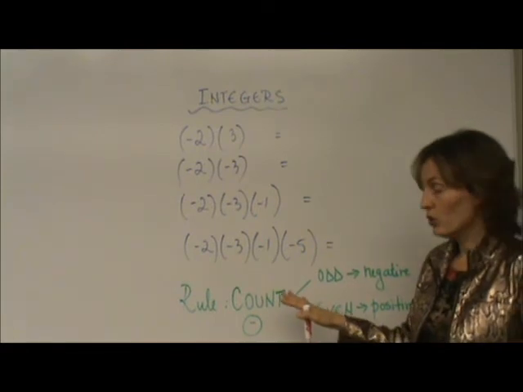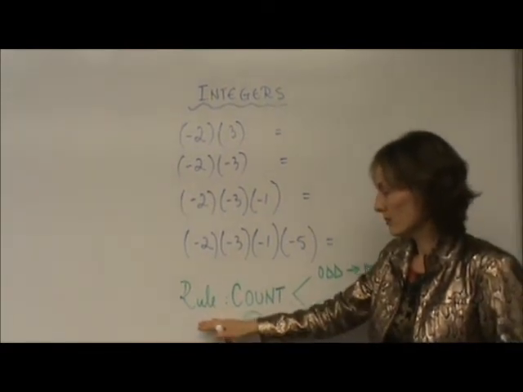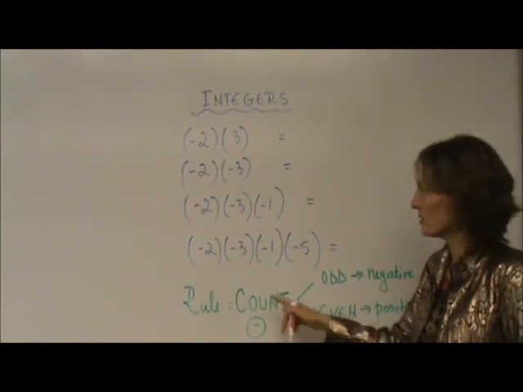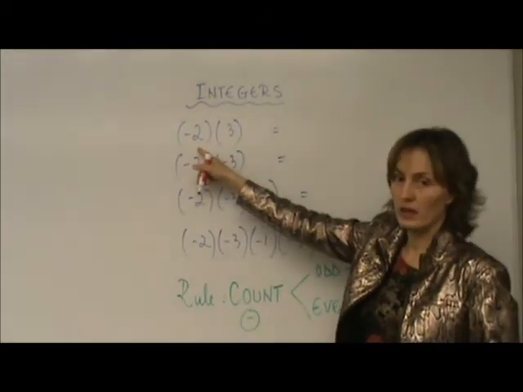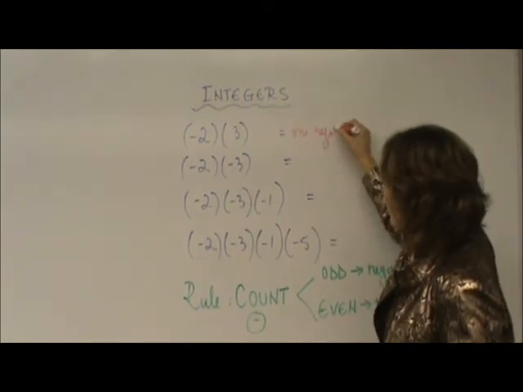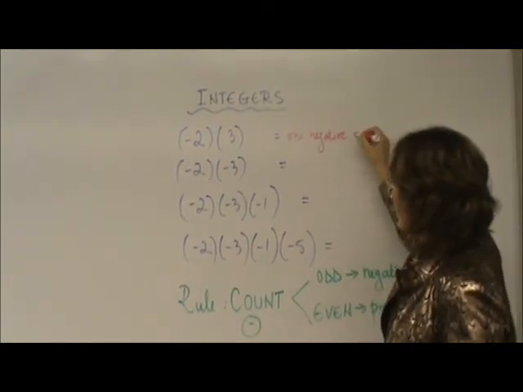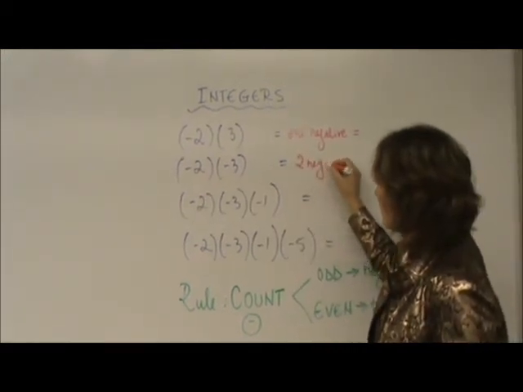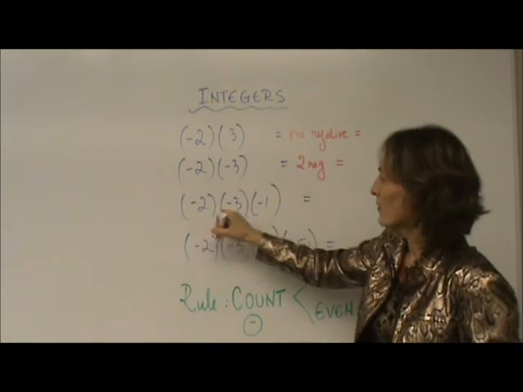We are going to use a rule that consists in counting the number of negatives you have. For instance, in this problem, I have how many negatives? Just one. Here I have two negatives. I have three negatives here.